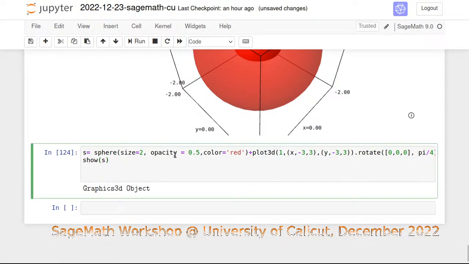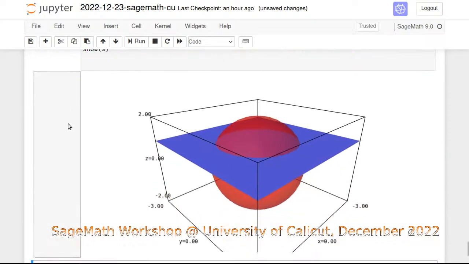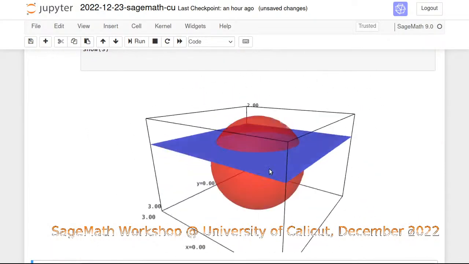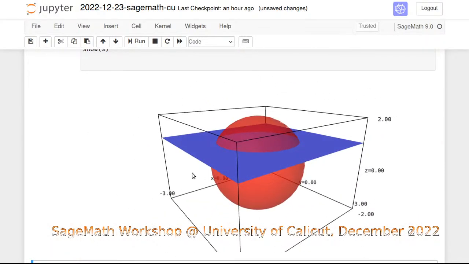Now once I apply rotate, it's not at all giving any output. Otherwise it is. So maybe I have to use the implicit, but still why the rotate command is not working is not very clear. Let me just see.